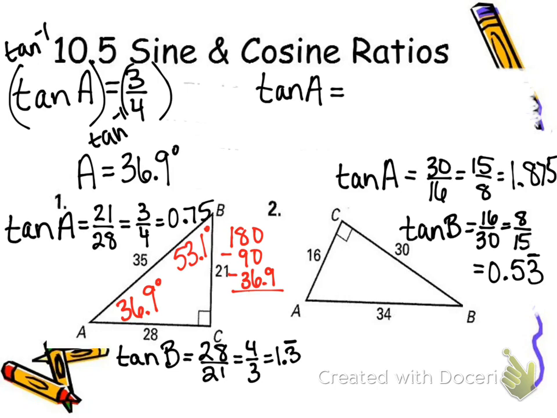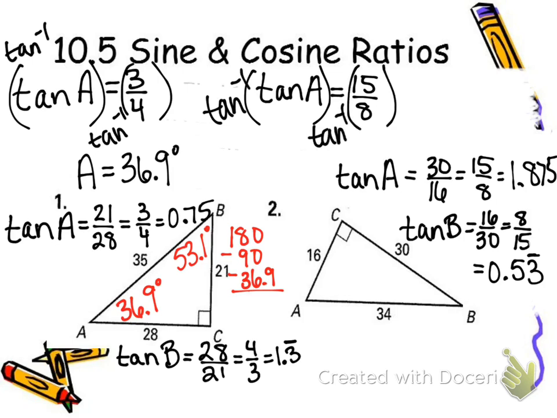So the tangent of A is equal to 15/8. I use the inverse tangent on both sides in order to get A all alone. What do we get? Rounded to the nearest tenth?